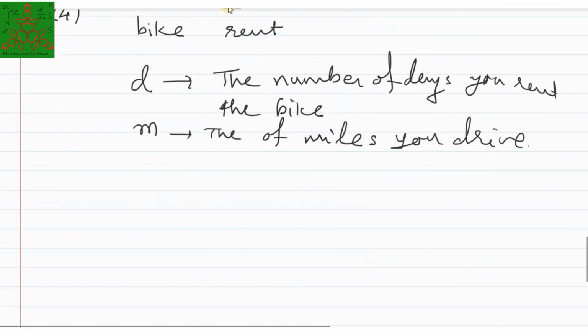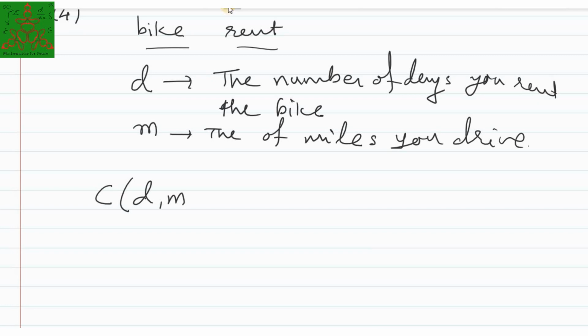Based on that, your bike rent will depend on d and m. So the rental cost of the bike is a function of d and m. This is also an example of a function of two variables.